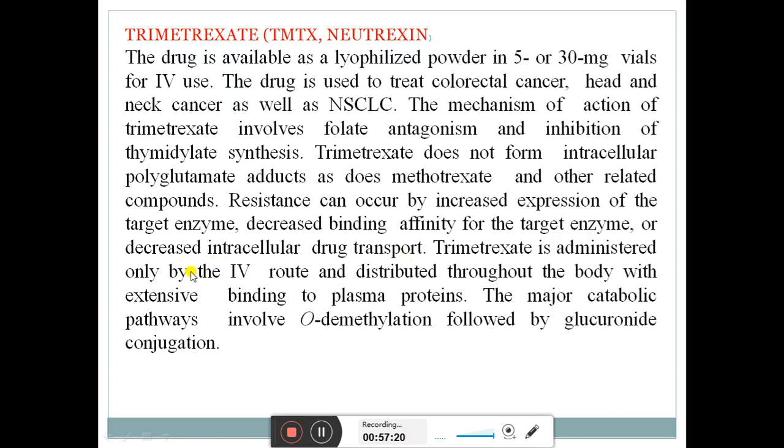Trimetrexate is administered only by the intravenous route and is distributed throughout the body with extensive binding to plasma protein. The major catabolic pathway involves O-demethylation followed by glucuronide conjugation. So this drug is more effective.